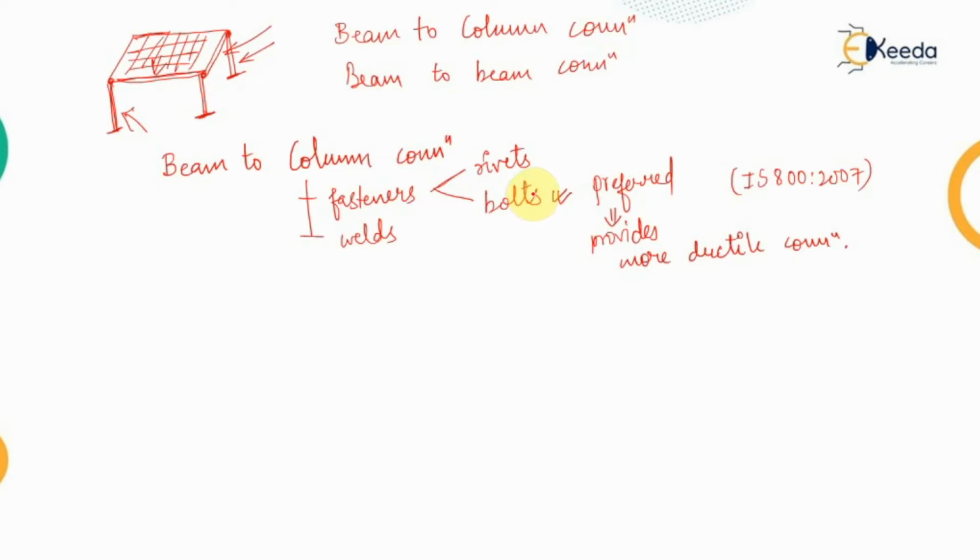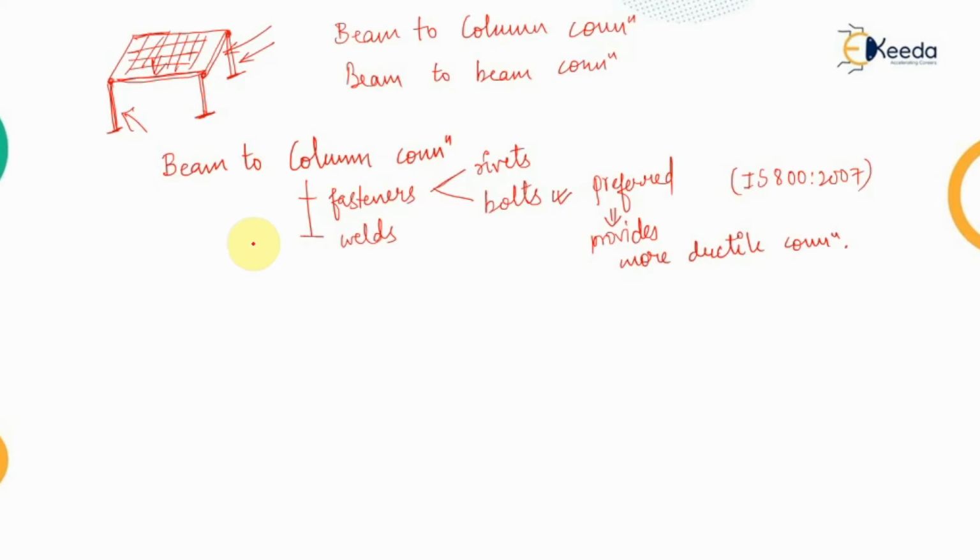So that's why the movement will be allowed there, that means the members will be allowed to rotate. While in the case of welds, the members will be attached rigidly, therefore the moment resistance will be there. Now therefore, based upon this criteria that I've just told you, these beam to column connections are classified further into three different categories.